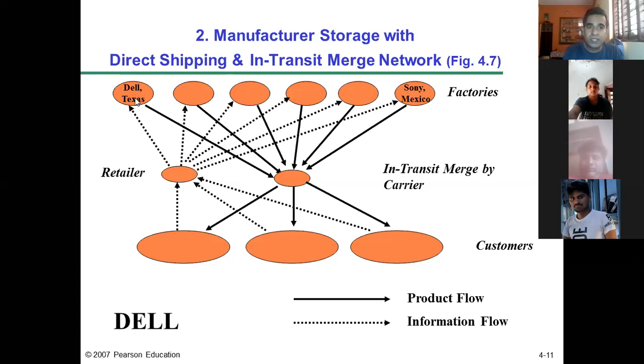So two shipments arrive: one from Texas, the personal computer including mouse, keyboard and CPU, and the monitor from Mexico in a separate shipment, and both shipments are merged into one shipment here.